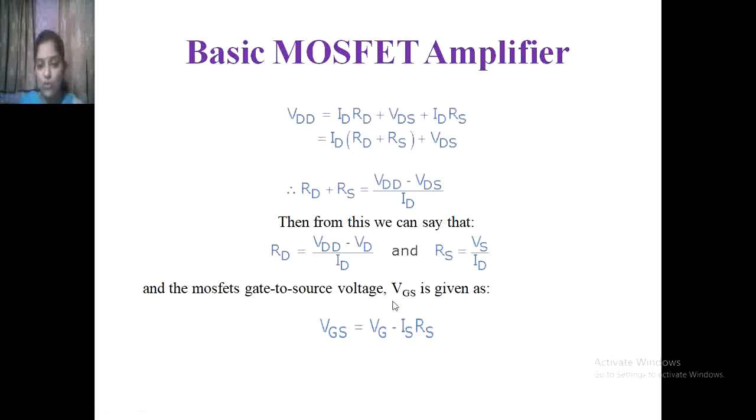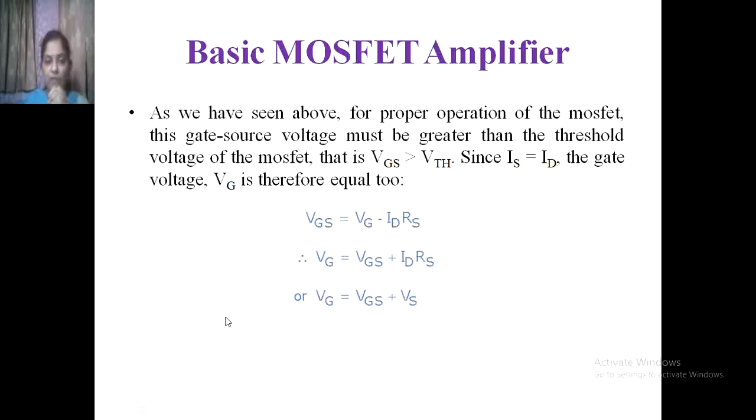The MOSFET gate to source voltage VGS is given by VGS equal to VG minus IS into RS. By using this voltage series, the input voltage is equal to the outgoing voltages. Rearranging this equation, we can find RD, RS as well as the gate to source voltage VGS.